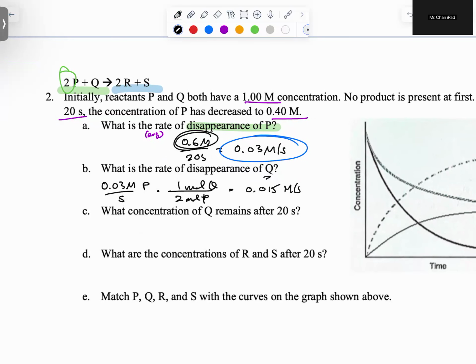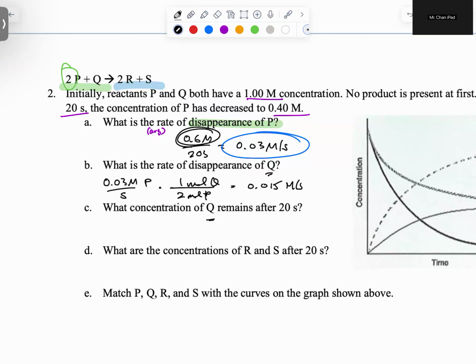What's the concentration of Q after 20 seconds? All right, now, this is really about your holistic understanding. Okay, so for P, it dropped by 0.6 molar in 20 seconds. So for Q, how much should it drop if the ratio is 2-to-1? 0.3 molar. Does it make sense?